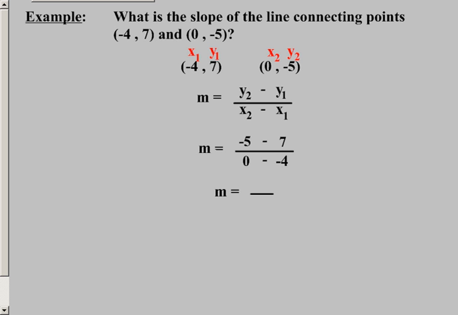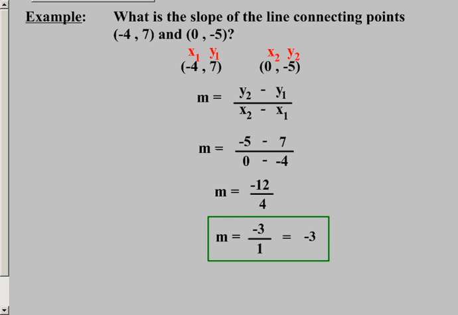Simplifying the numerators and the denominators, -5 minus 7 is -12. 0 minus -4 is +4. 12 divided by 4 is 3, and negative divided by positive. With multiplication and division, if the signs are different, the answer is always going to be negative. So our slope value is -3 over 1, or simply -3.